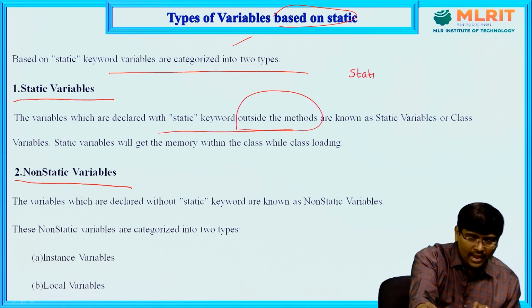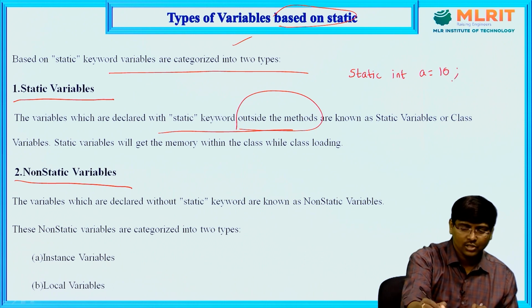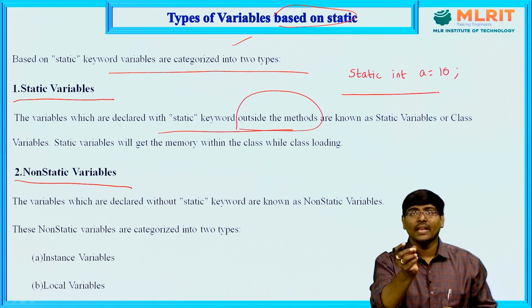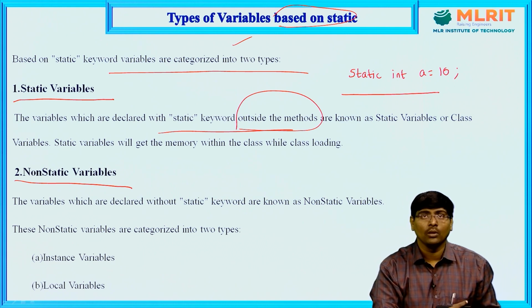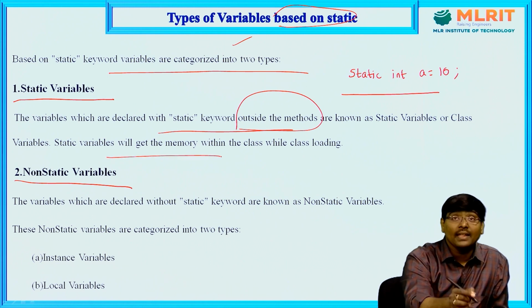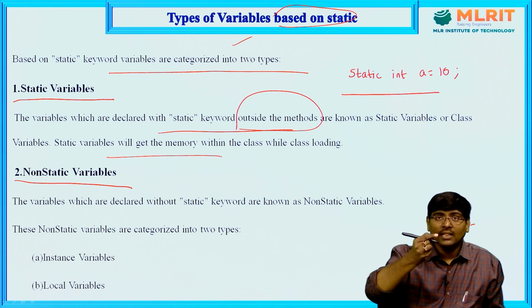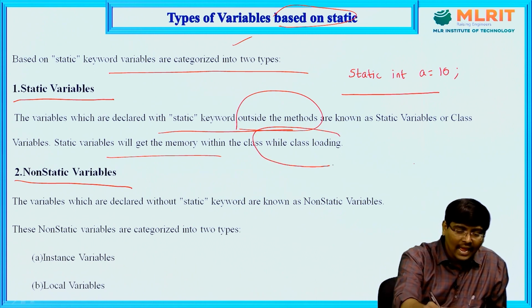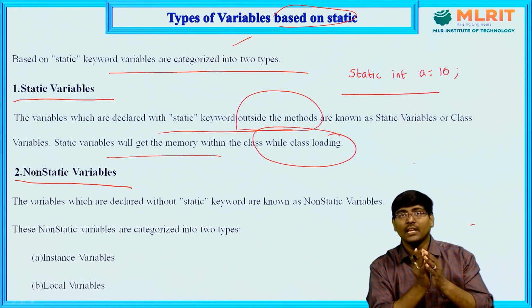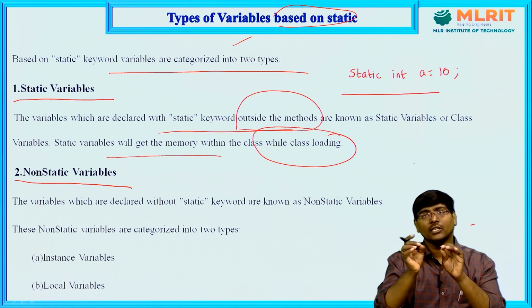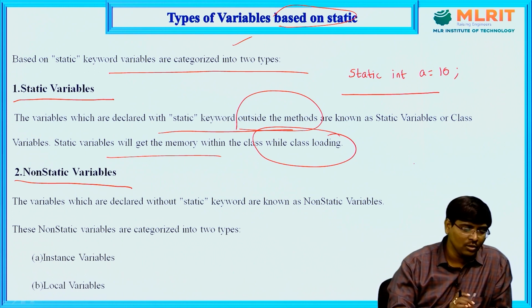Static int a is equal to 10. This is the declaration of a static variable. Now, these static variables will get the memory in the class whenever the class is loaded the first time. While class loading, the static variables will be allocated the memory. Anyway, I will show you the execution flow also in the next session, no problem.